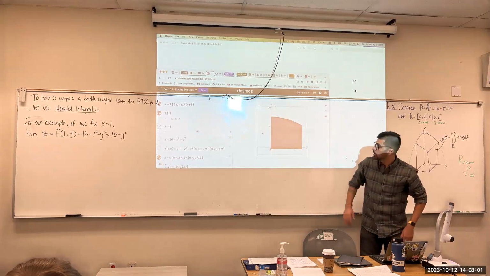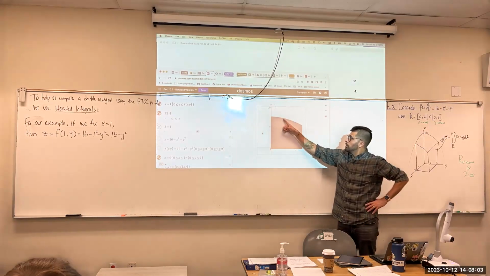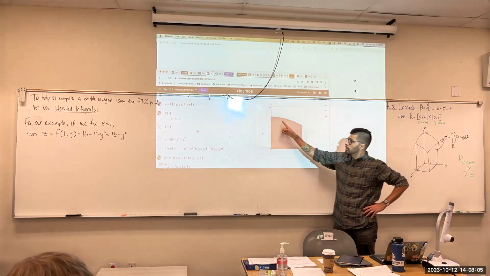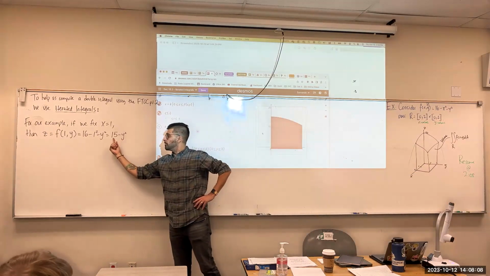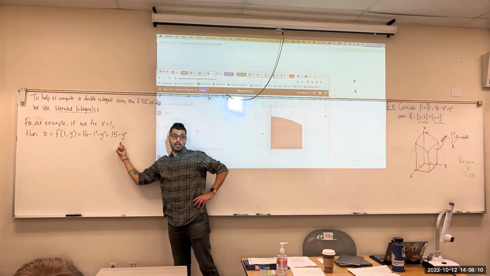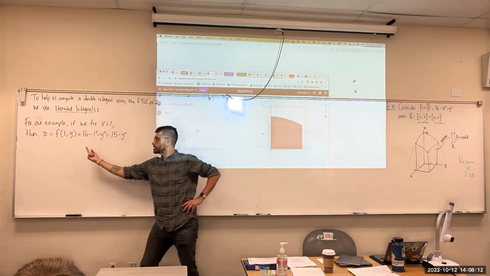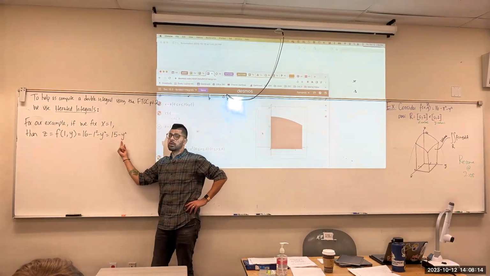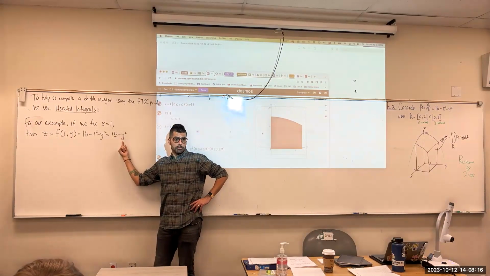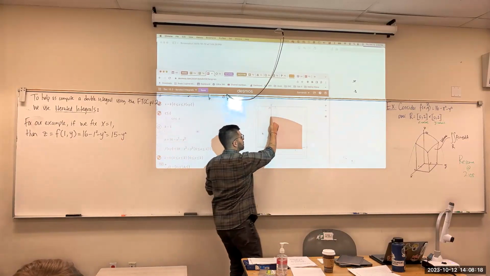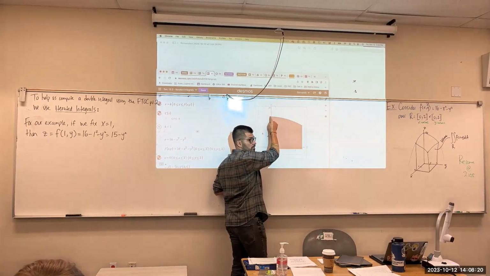Okay. Do you guys see this piece of this parabola facing down? This is the parabola shifted up 15 units going down on the ZY plane, because this is z equals 15 minus y squared. On the ZY plane, you see this parabola here that's shifted up 15 units?